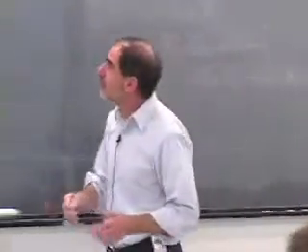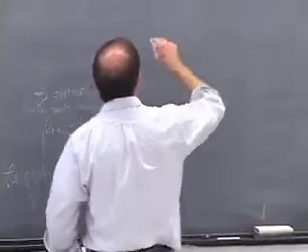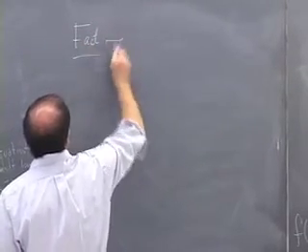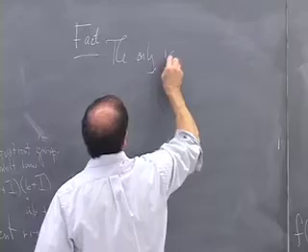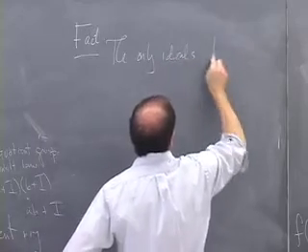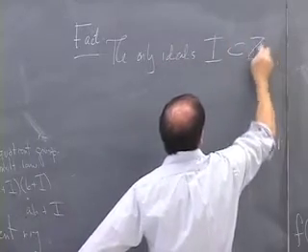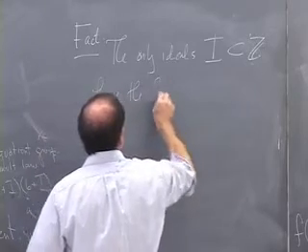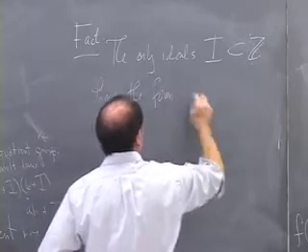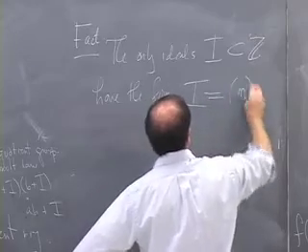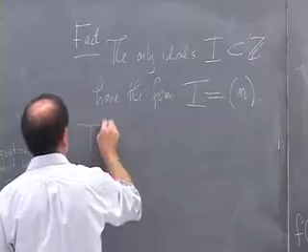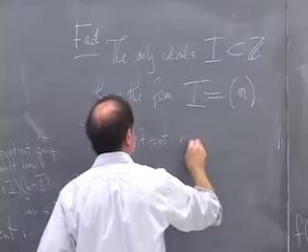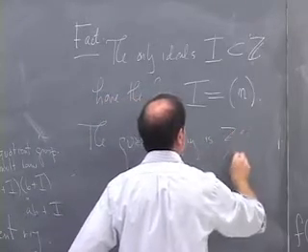Let me just give you an important fact. The only ideals I in Z have the form I equals nZ, and the quotient ring is Z mod nZ.